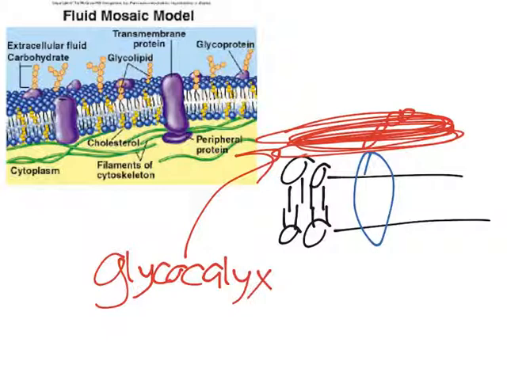And essentially what the glycocalyx does is it helps with communication and cells recognizing one another. And the carb chain can also fall on top of a lipid as well. So it doesn't only have to be on top of a protein. There could be carb chains on top of lipids as well.